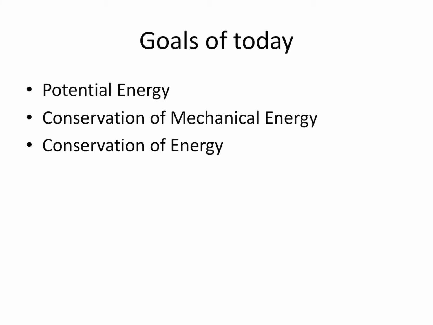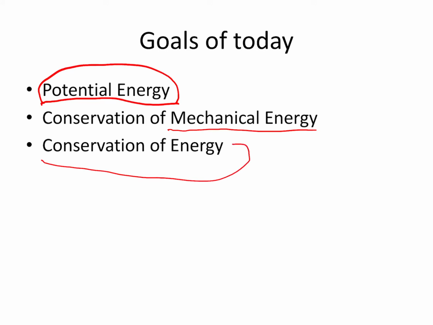Now today, in chapter 8, we need to clarify what is potential energy. What's the definition of potential energy? After we introduce potential energy, we introduce another very important concept, mechanical energy, and under what kind of circumstance mechanical energy should be conserved. So it's not always conserved, but under certain conditions it's conserved. And then we have conservation of energy.